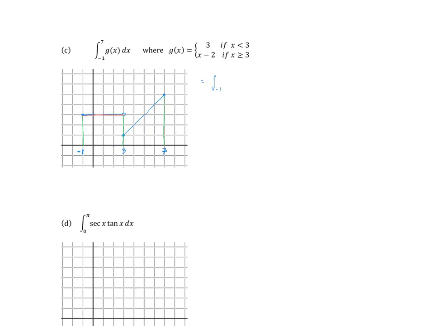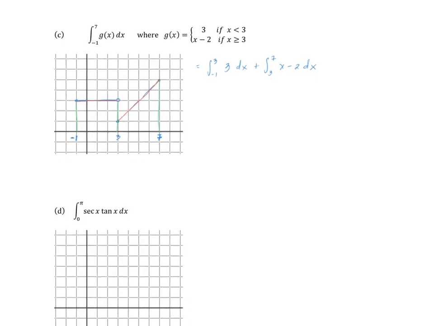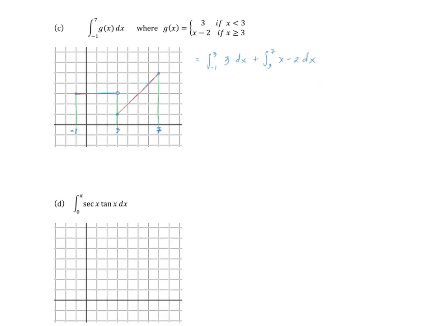From -1 to 3, I'm looking at the integral of 3 dx, and I'm going to add it to the integral from 3 to 7 of x minus 2. So instead of doing it geometrically, I just broke this up into two integrals.